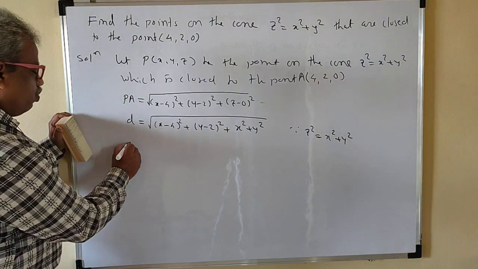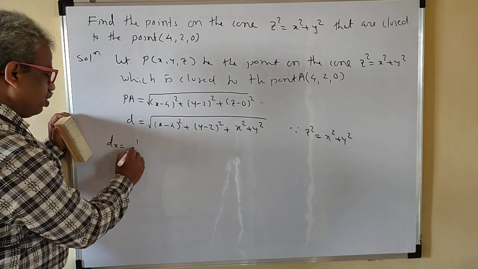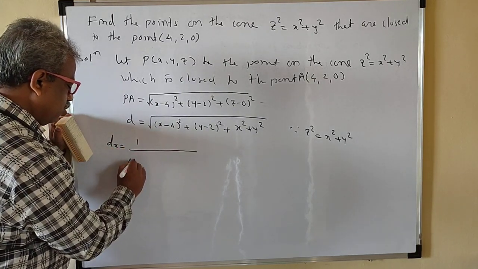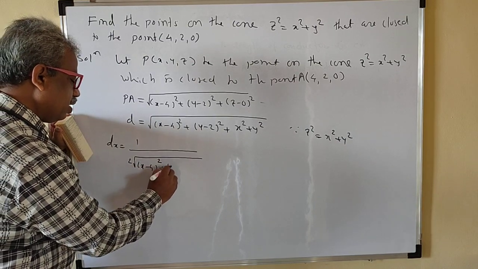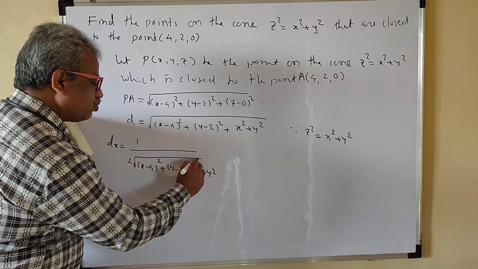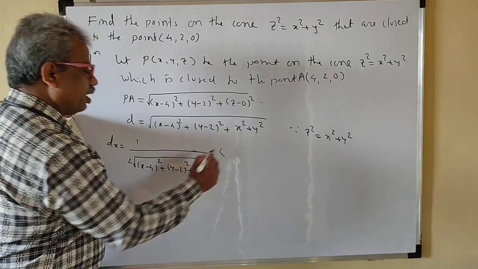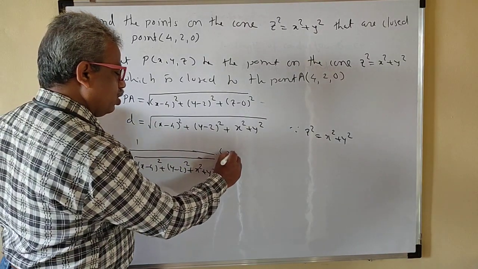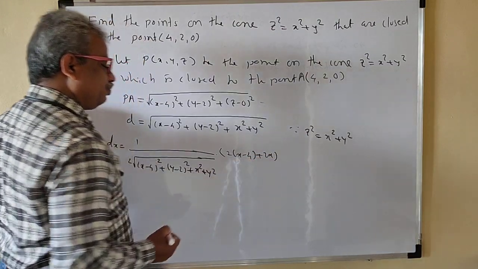Okay. So now we will write dd/dx. This is root of something, so it is 1 upon 2 root of something: 1 upon 2 root of (x minus 4) whole square plus (y minus 2) whole square plus x square plus y square, into the derivative of something. So into the derivative, this is 2 into (x minus 4) plus twice x.